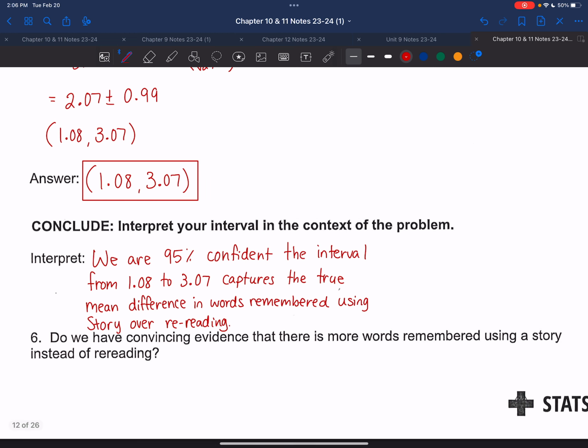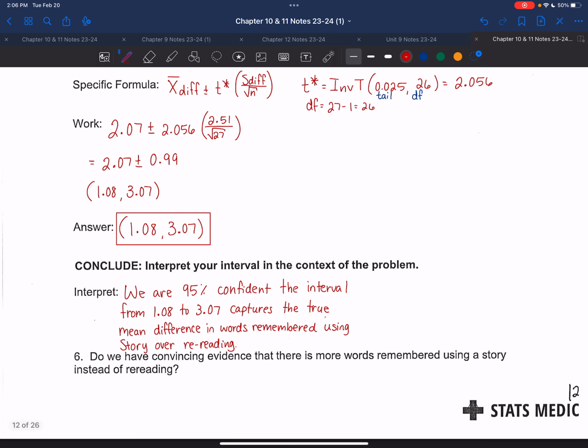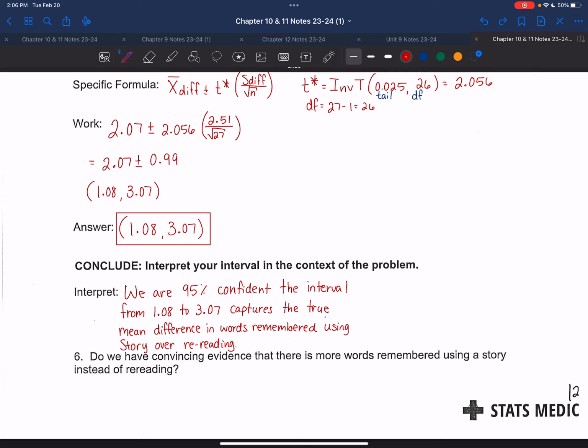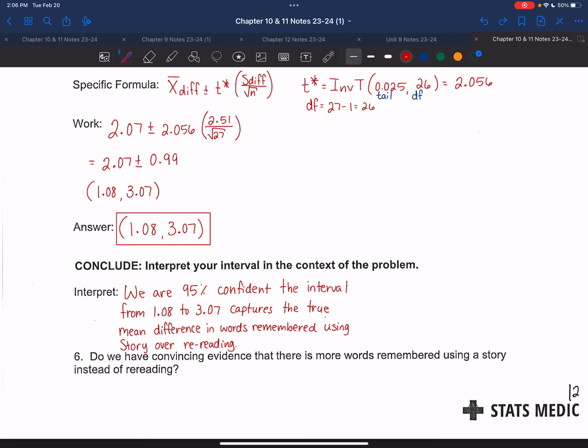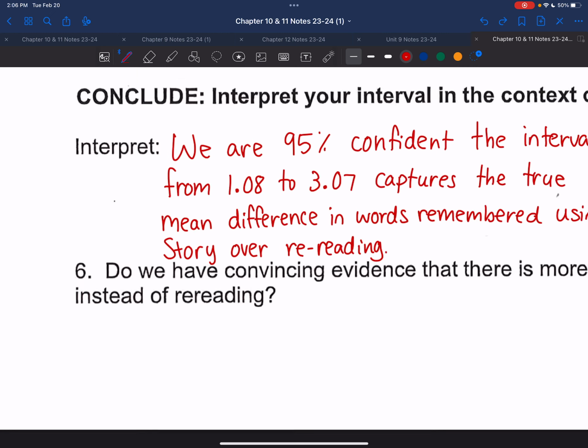And now it says, do we have convincing evidence that there is more words remembered using a story instead of rereading? So if we look at our interval, our entire interval is positive, okay? If there was no difference between the two, then that would be a difference of 0, right? But because our entire interval sits above 0, that means that we do have convincing evidence that stories are better at remembering words than just rereading.